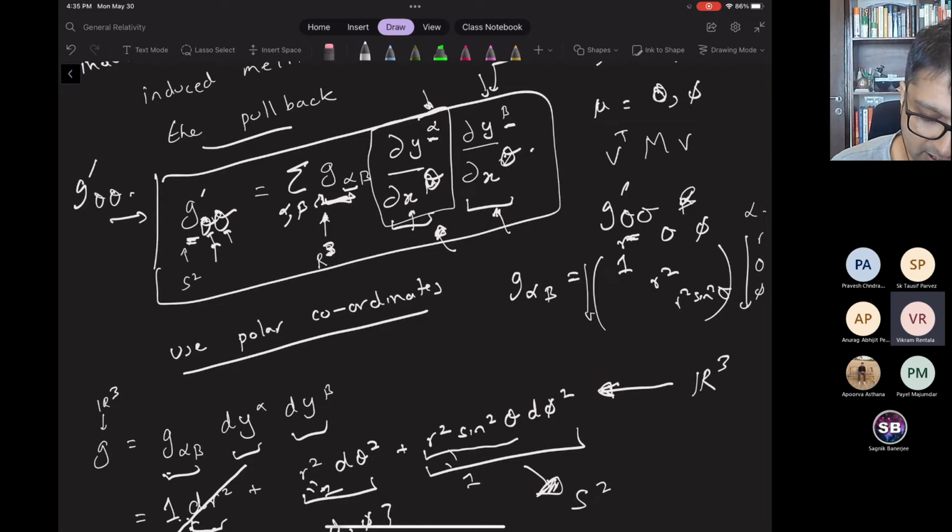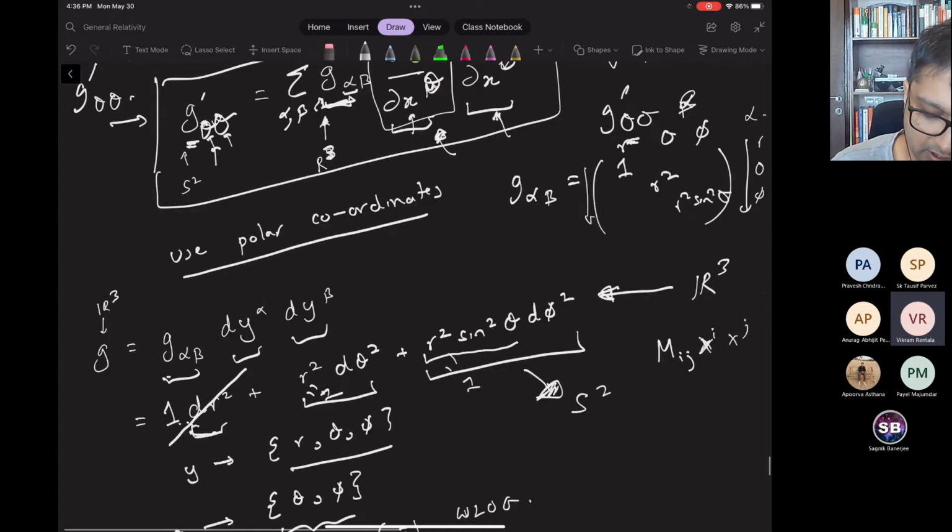Basically it's of the form M ij xi xj, and this I can always think of as a matrix times a column vector. This product is like a matrix product, and this product is also like a matrix product with a transpose. In general, if I had written something different here, then this would be y transpose M x.